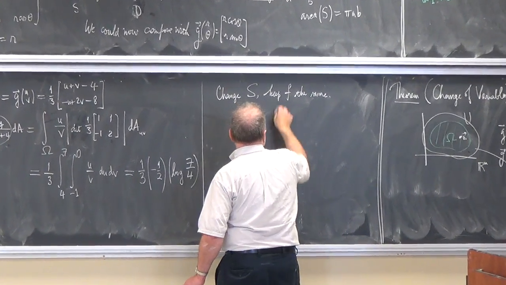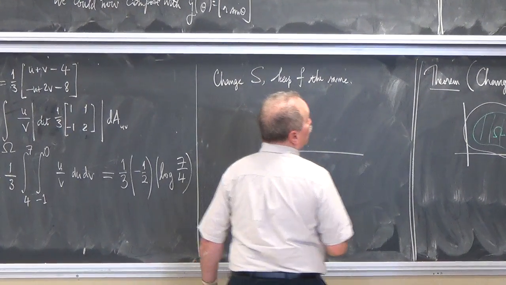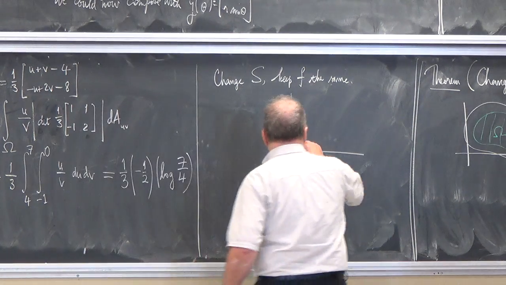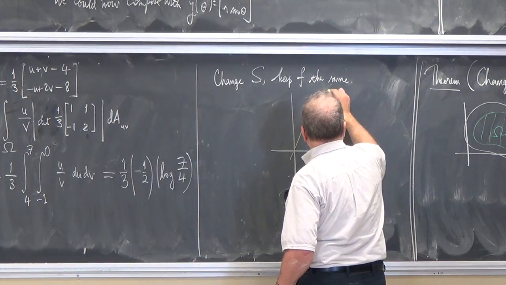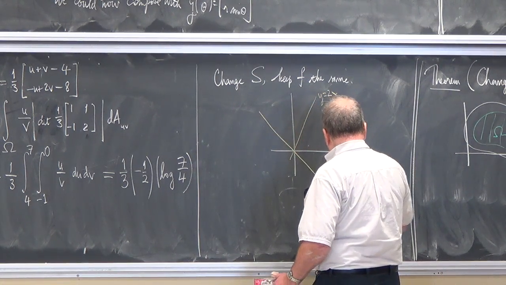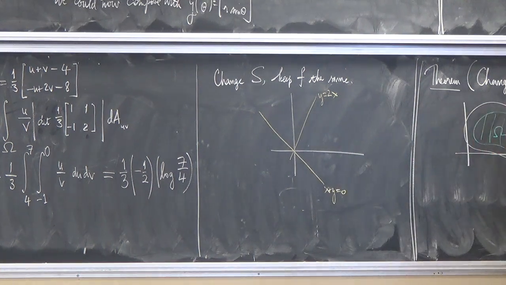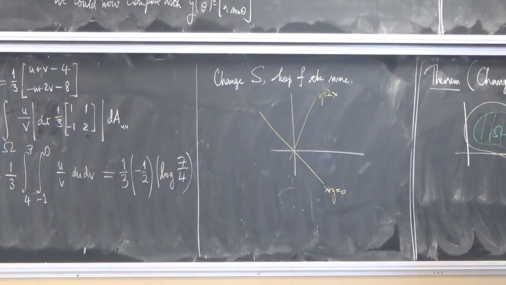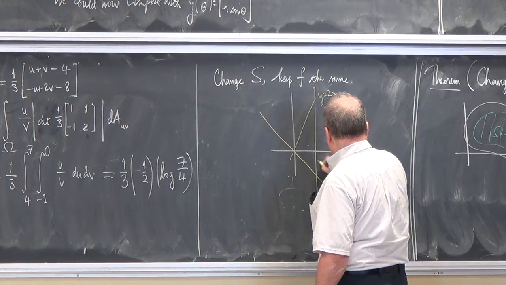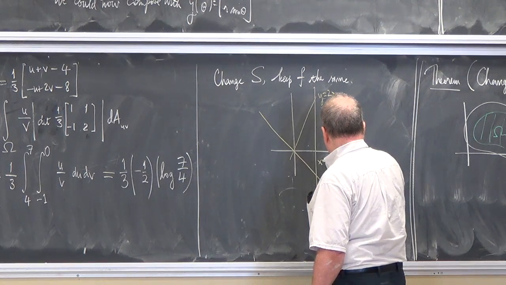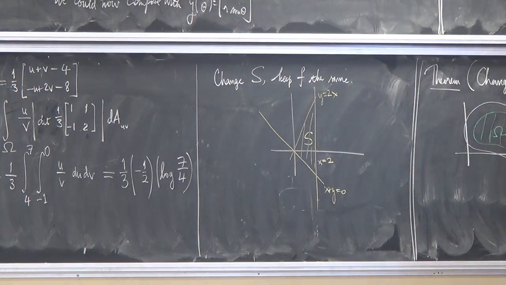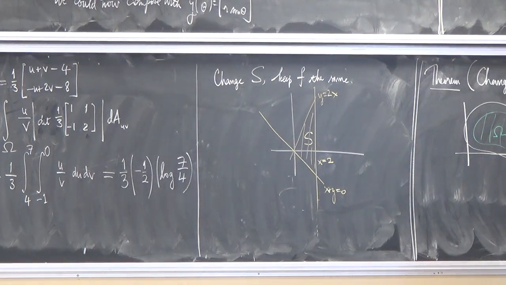So suppose my S now were y equals 2x on this side, x plus y equals 0 on this side, but I'm bored with parallelograms. I'm just over them. So I'm going to draw a vertical line and say it's x equals 2. And now this is my region S.